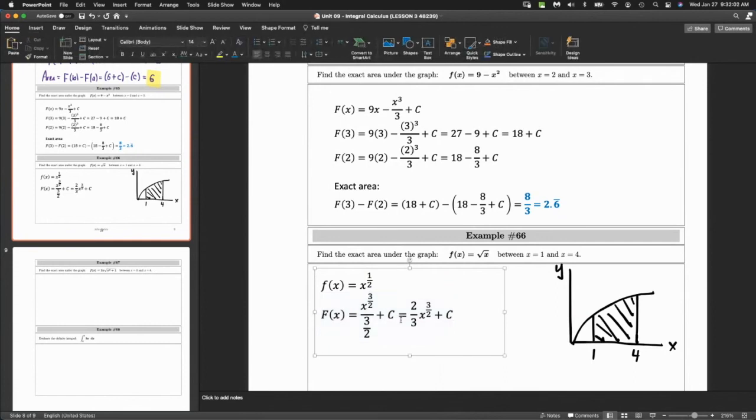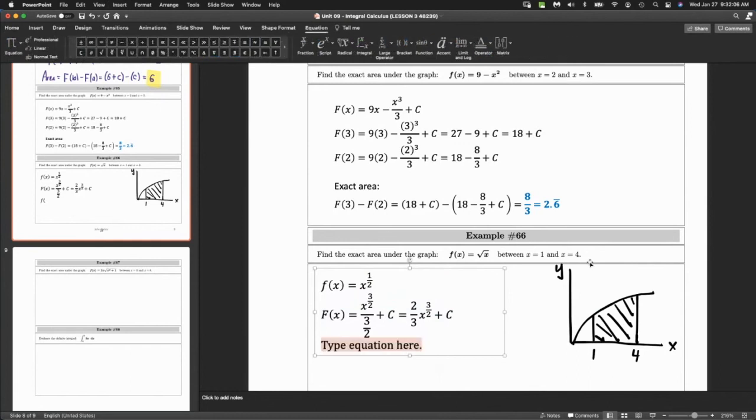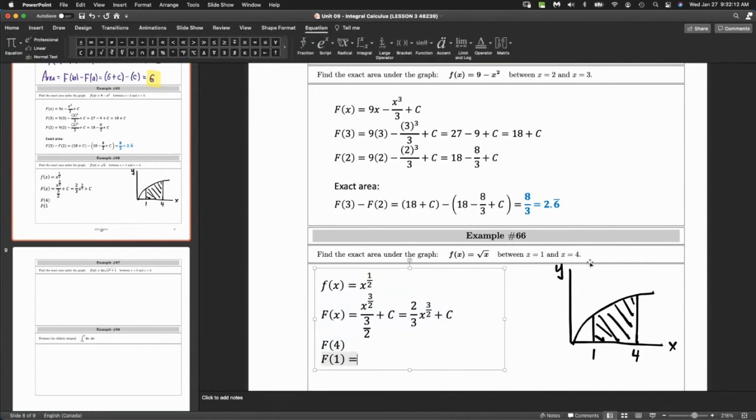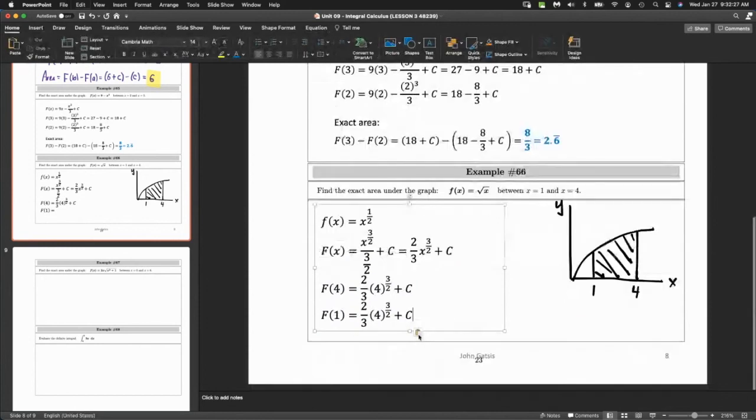So now we're going to evaluate the antiderivative at 4 and at 1. If you plug in 4 here, you get 2/3 of 4 to the 3 halves plus c. And then you put in 1.